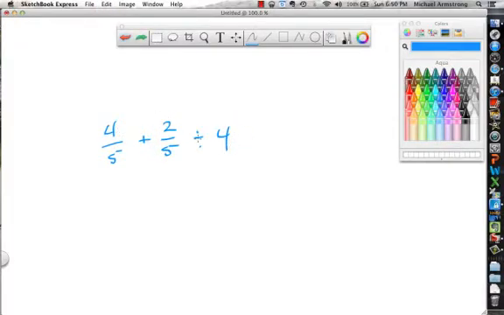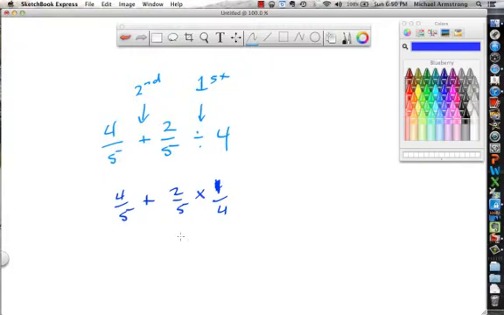You have to multiply and divide before you add and subtract. So this comes first, and this comes second. Divide first. So we're going to just leave the 4/5 alone, and we're going to multiply by the reciprocal, 1 over 4. That's the reciprocal of 4.